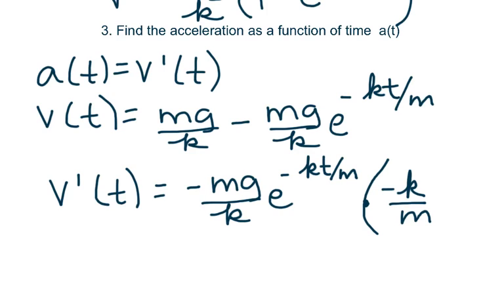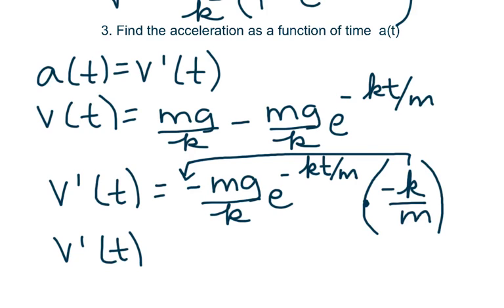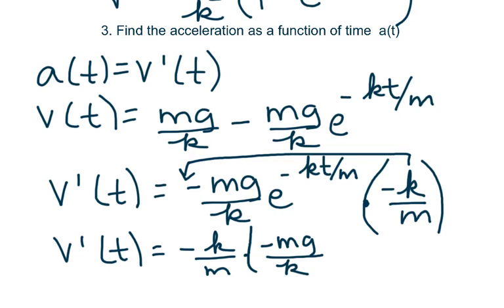We're going to bring that negative k over m to the front, so it looks like negative k over m times negative mg over k multiplied by Euler's number to the negative kt over m.